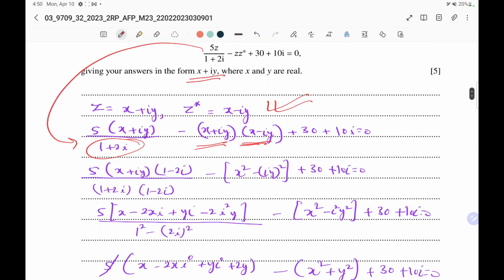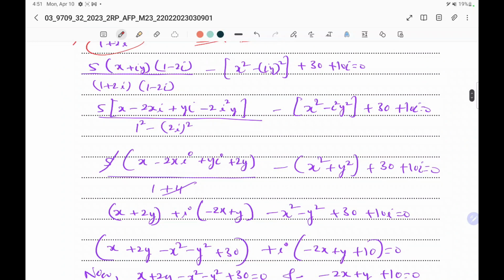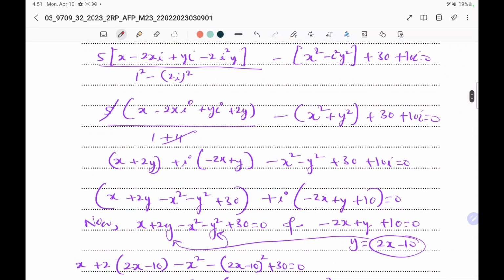Now x plus iy times 1 minus 2i over this, and then you simply have to multiply. So x times 1 is x, x times minus 2i, then yi, then minus 2i squared y over (1 minus 2i) whole squared. Then this is in the a plus b, a minus b, a squared minus b squared format. So x squared minus i squared y squared, and 30 plus 10i. When you calculate everything properly, I have already done it.